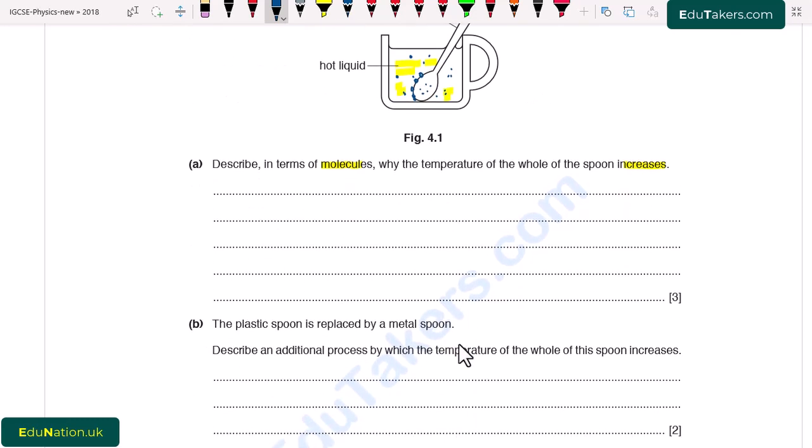So I just write here: molecules of the hot liquid collide with the surface of the spoon.